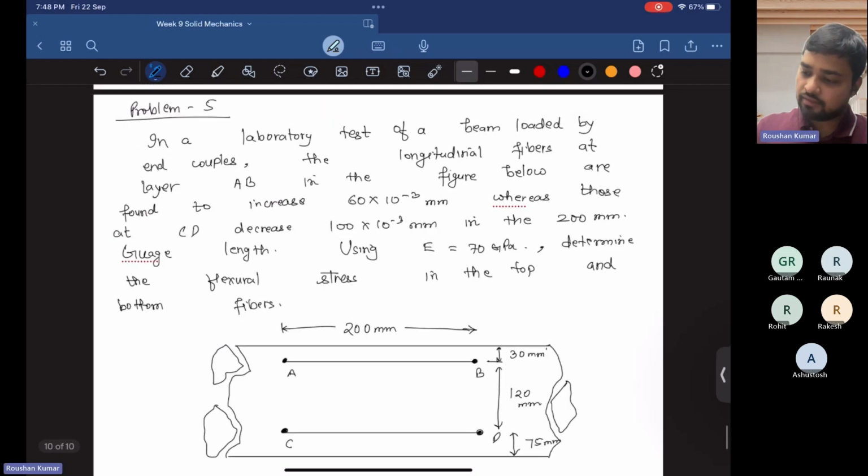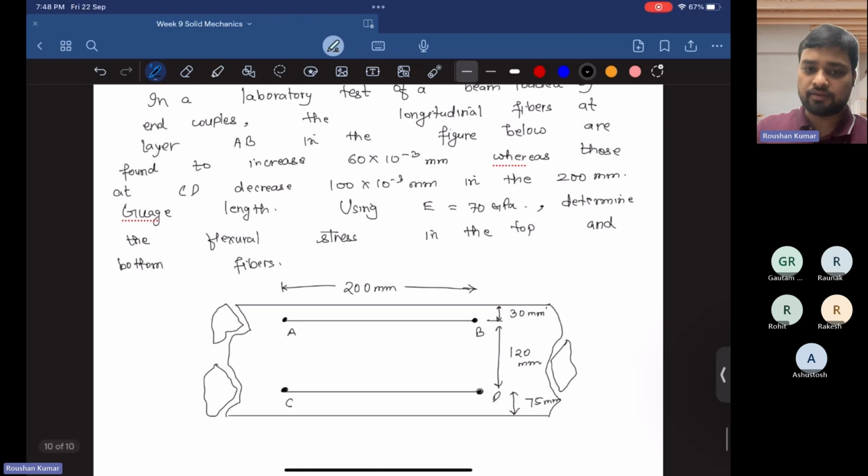So here the beam is given, but there is no mention about the cross section, whether it is symmetrical or not.